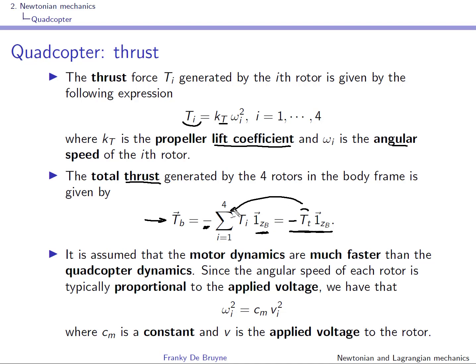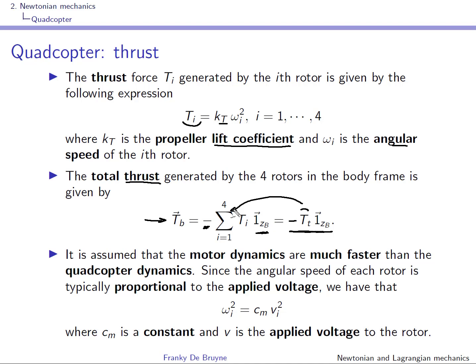Okay, as you often do when you model a system, especially if you want to model it for control, you assume that you have the main dynamics, and here the main dynamics will be the dynamics of the quadcopter, and then you have dynamics that are much faster, and these are often neglected. We have been doing this also for our mobile rotor. Remember that we neglected the motor dynamics.